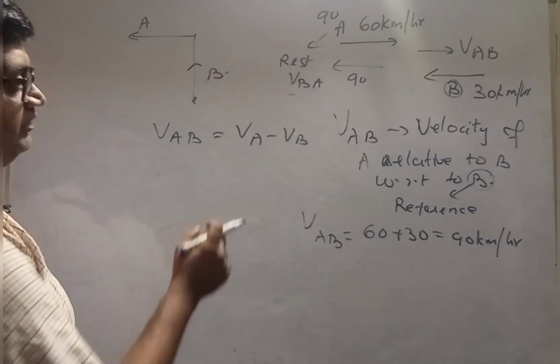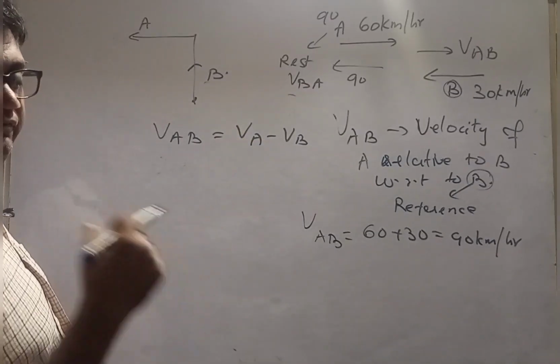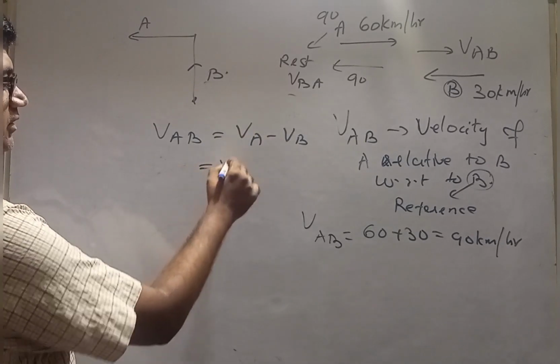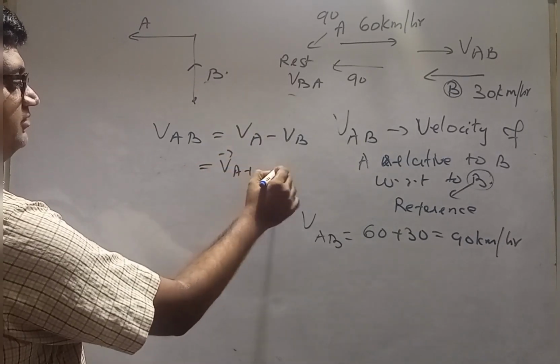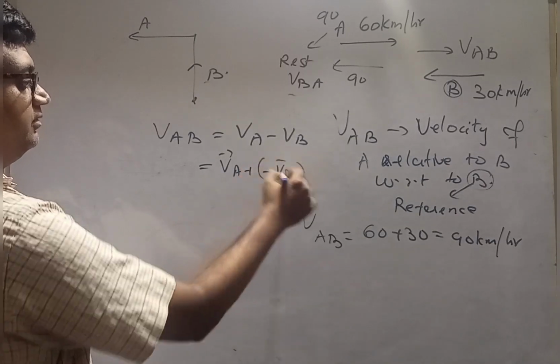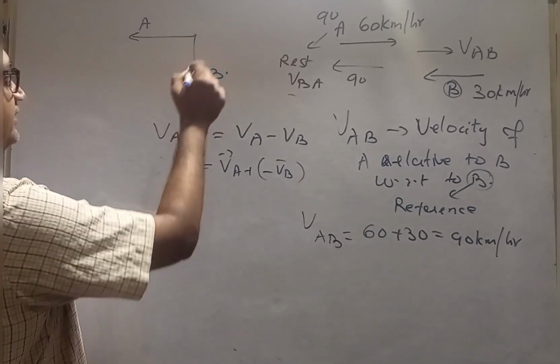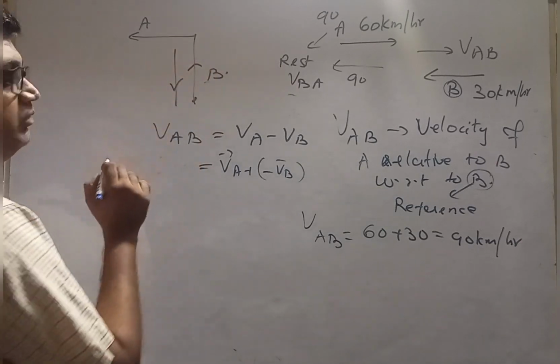Actually in vectors we cannot directly take the difference. Graphically, you cannot directly take the difference. You have to write VA plus minus VB. So VB direction is this, so minus VB will be in the downward direction.